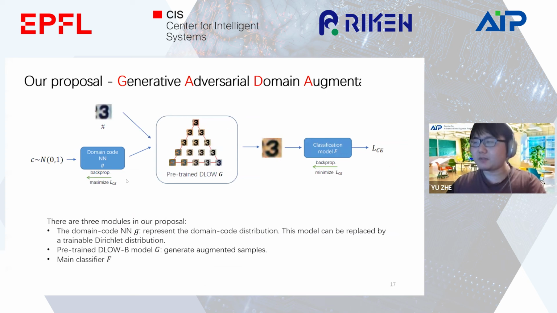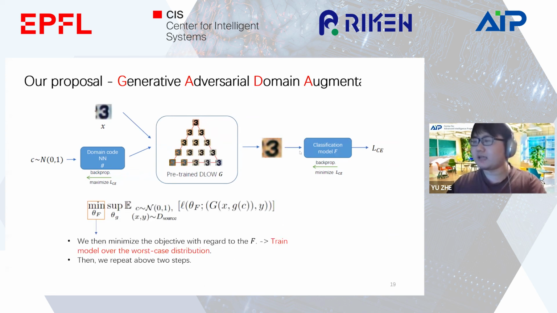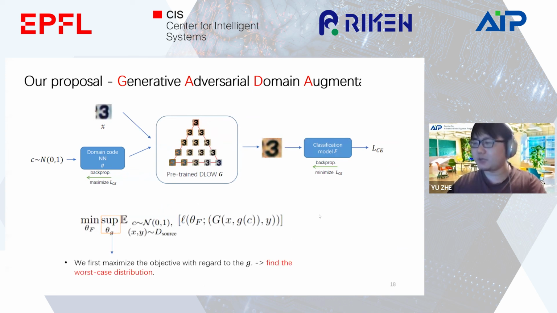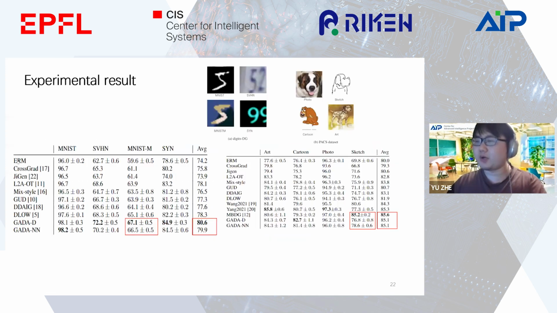For the training time, most of the time will be used to train the DLVM models. When we train the classifier, you can see the training objective, the training step is the same as the previous method. So there is no large difference between our method and the previous method.